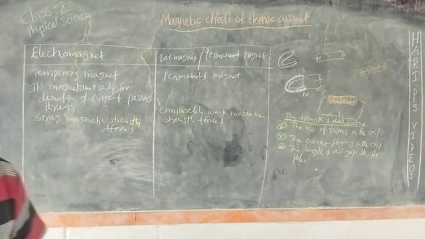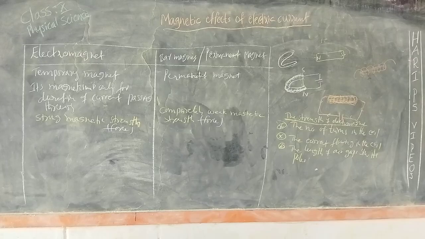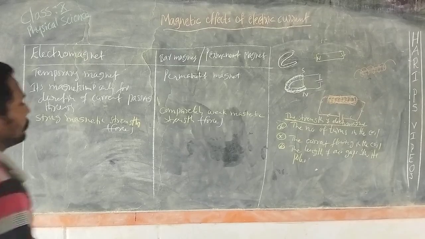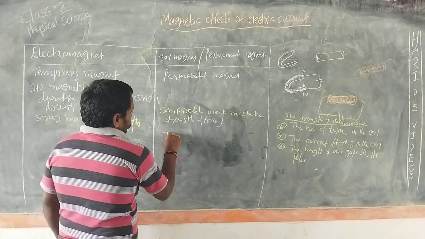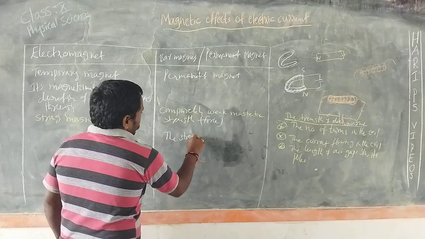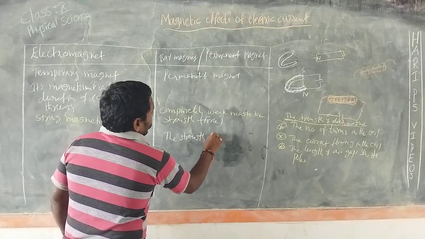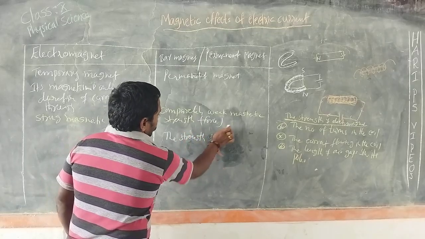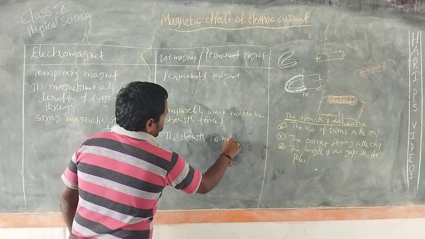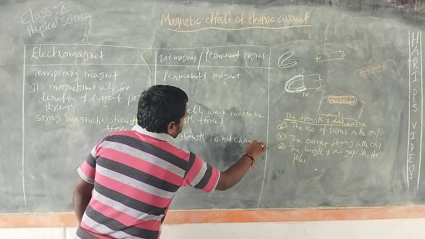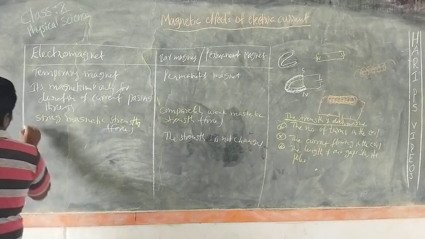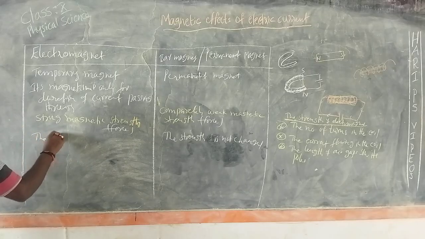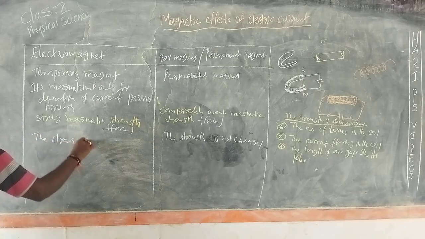In the case of a bar magnet, the strength of the permanent magnet cannot be changed. Here, in the electromagnet, the strength can be changed.